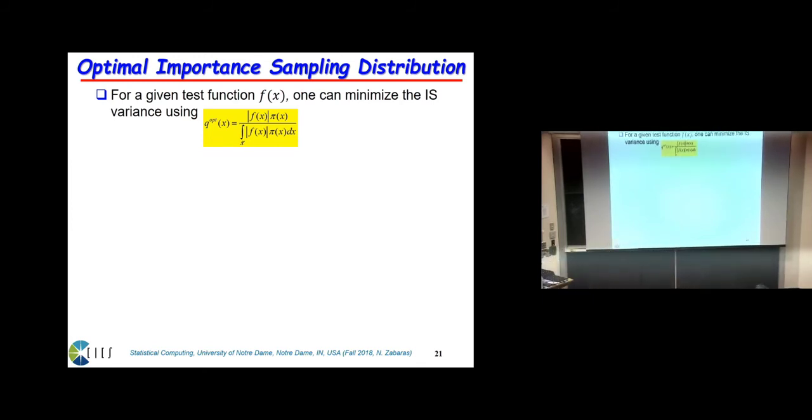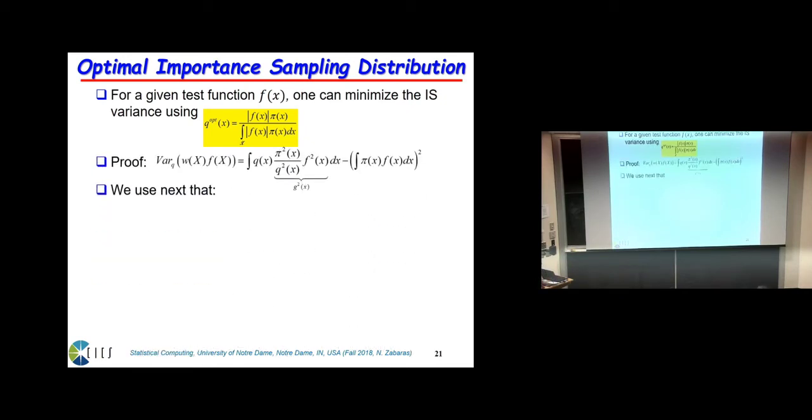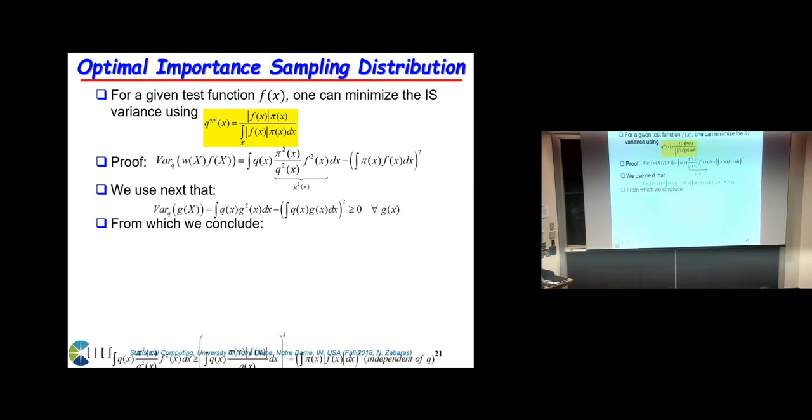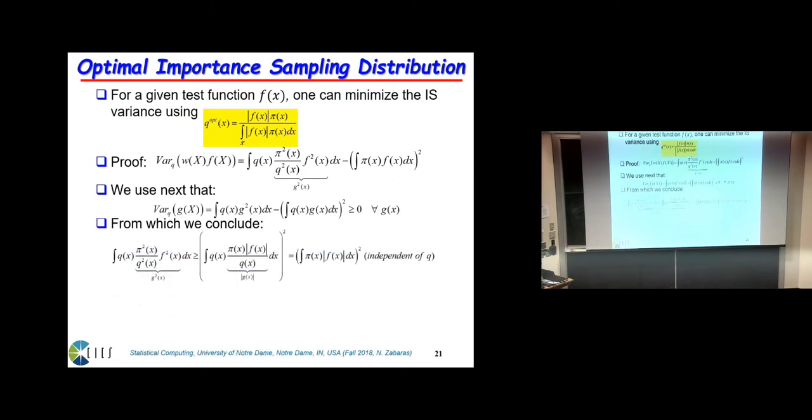How do you compute this? I know I do lots of proofs, etc., because otherwise these things will make no sense. Really what you need to do is take the variance of the estimator, and you remember the variance of the estimator is the variance with respect to Q of W times f, right? Because that's how we transformed the problem, all right?